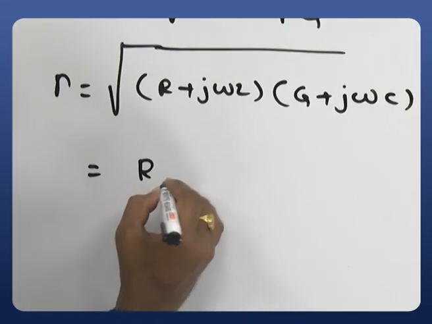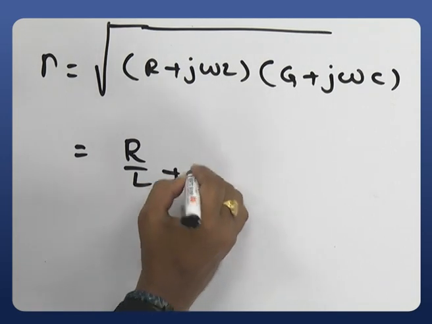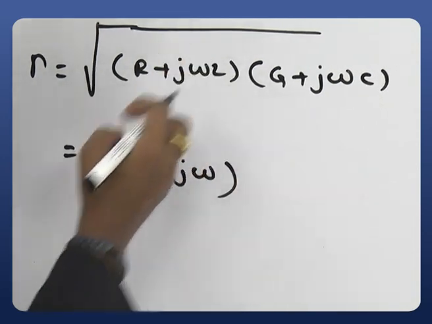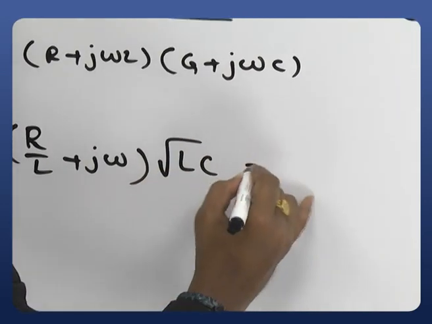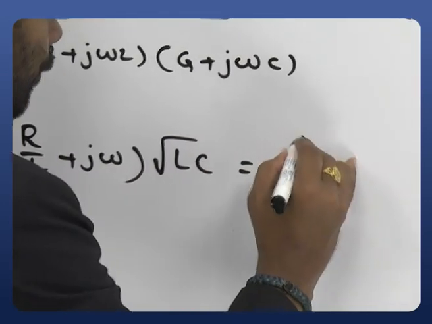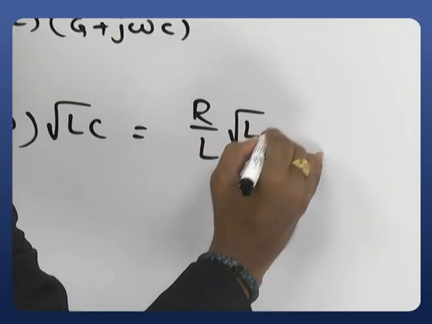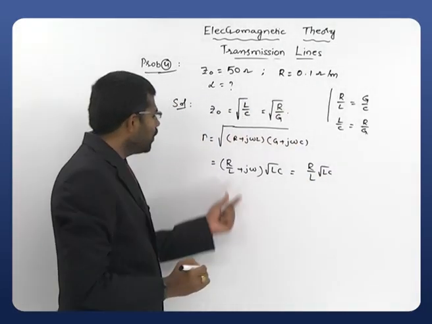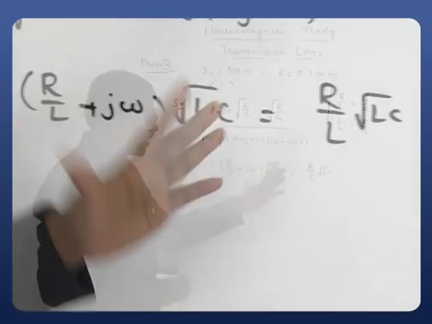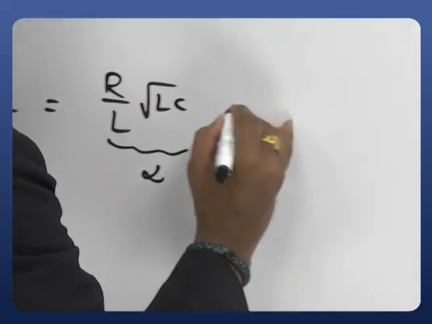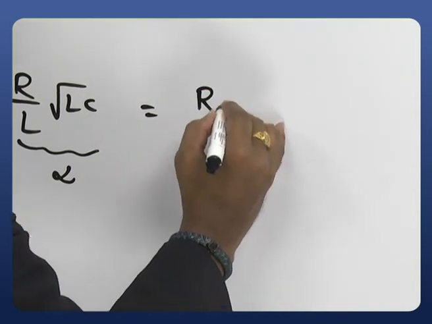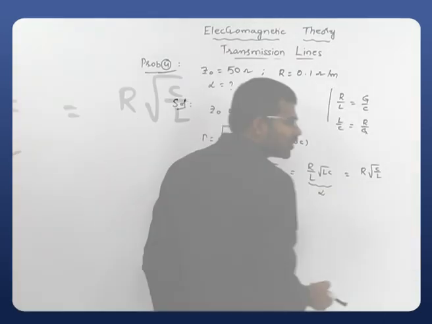Then directly I am writing this one as R by L plus j omega, which comes from the square root, and the term which is left for us is just root LC, which is equal to R by L root LC. This is the term that we have as our real part. I am ignoring the imaginary part as we require only alpha. This is our alpha, which is equal to R root C by L, right?